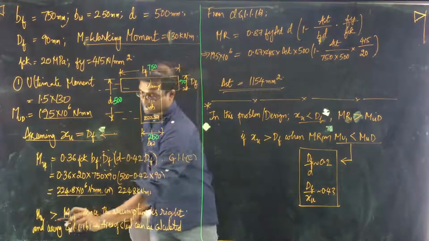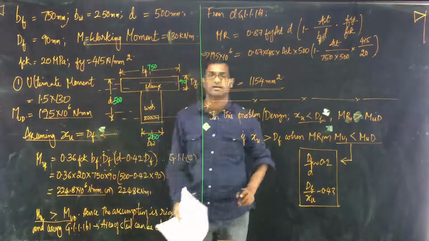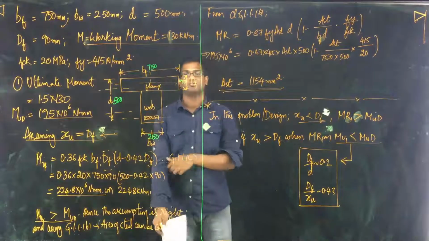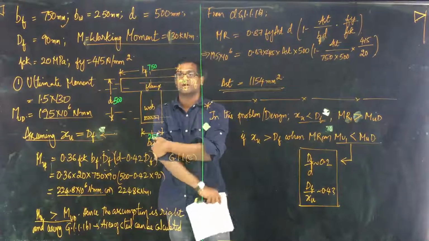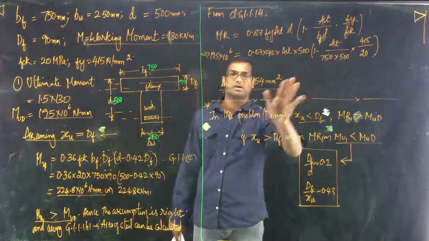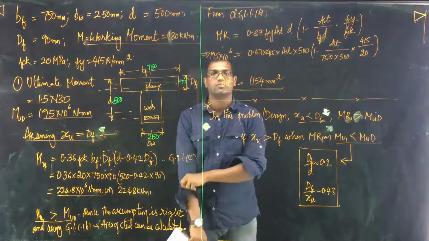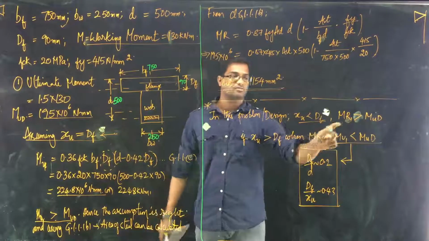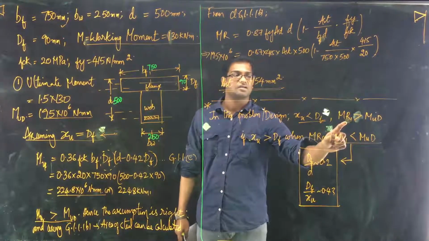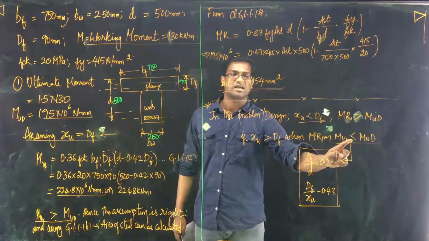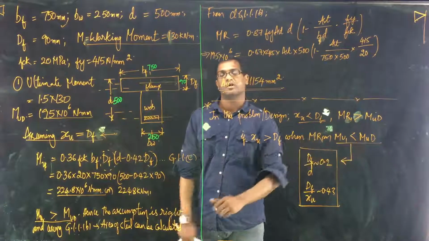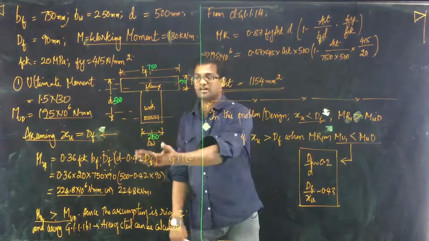If the design moment is less than the limiting moment of resistance, MU1, you can follow up to here. If the moment of resistance of the beam is less than the design moment, then you have to go for the next step.